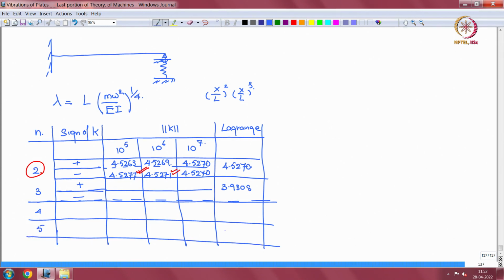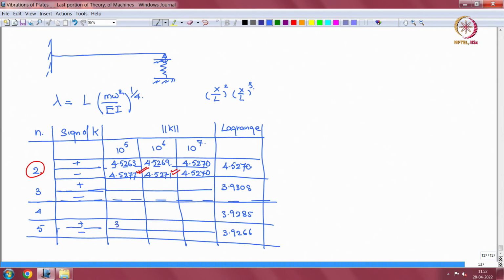The Lagrange now converges to 3.9266, here 3.9285.